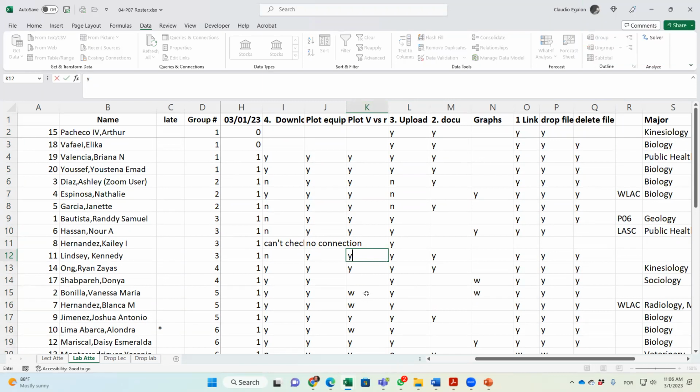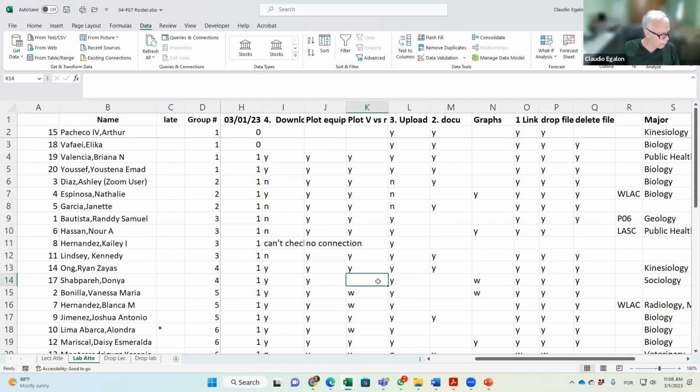Yeah, I was done with the second plot a little bit ago. Okay, good. Any questions? Not currently. Okay, Donya, you finished? Okay.